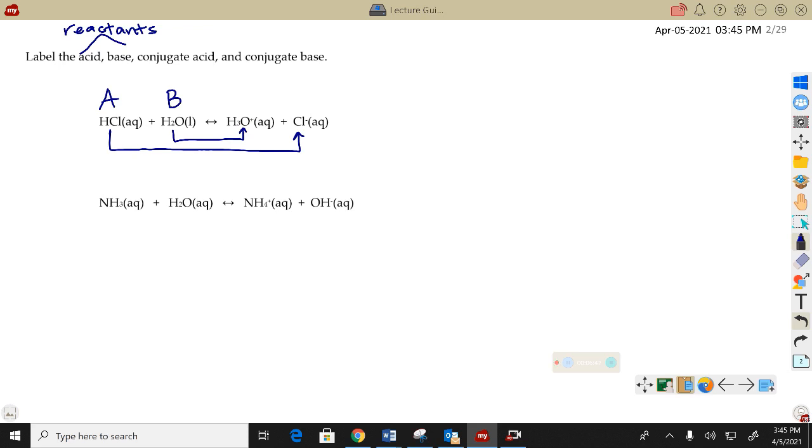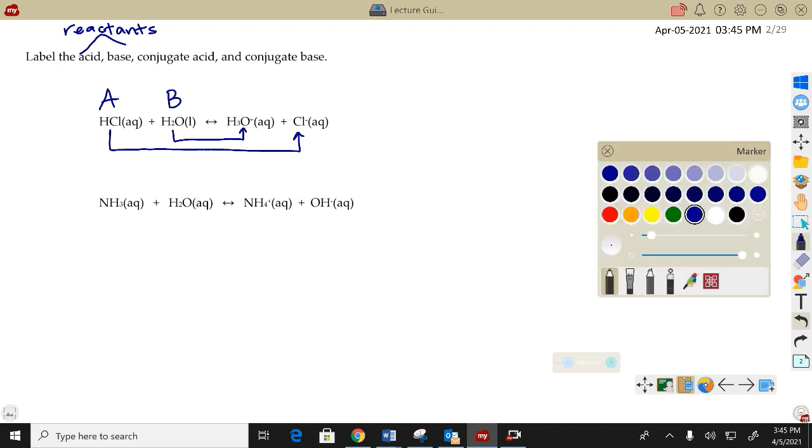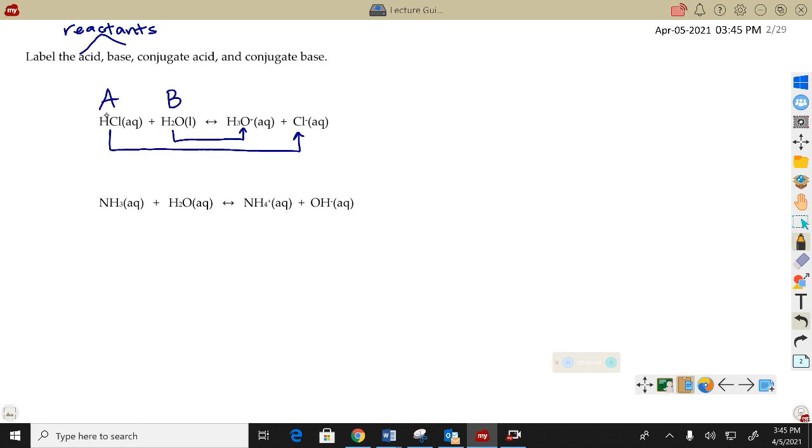Okay, so that's kind of how I identify the reactants. The reactants will be the acid and the base. The hydrogen producer, the hydrogen donor, or the hydrogen acceptor. So in a sense, this is kind of what happened, that the HCl gave a hydrogen to the water. And when you think about a water molecule, it's really polar. The bonds are really polar. Oxygen has a really high electronegativity.